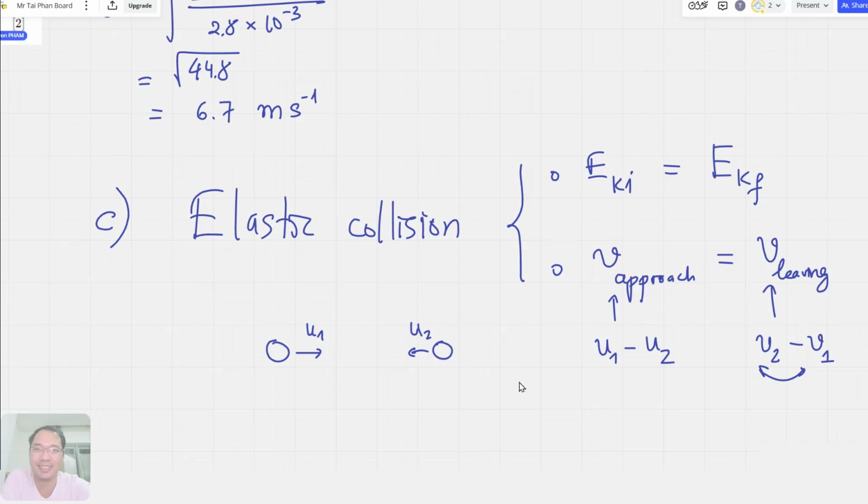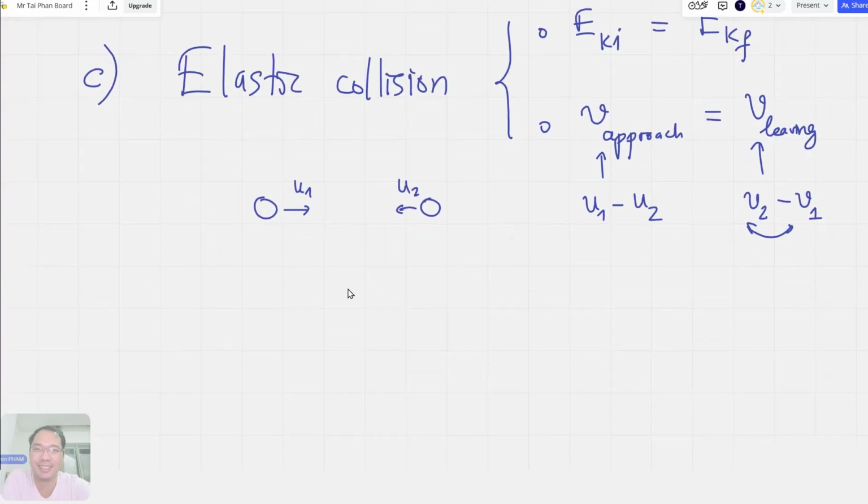In our case, the ball collides with a vertical wall, so U2 of the wall is 0. Therefore the velocity of the ball after bouncing off the wall is the same in magnitude but opposite in direction to its velocity right before hitting the wall.